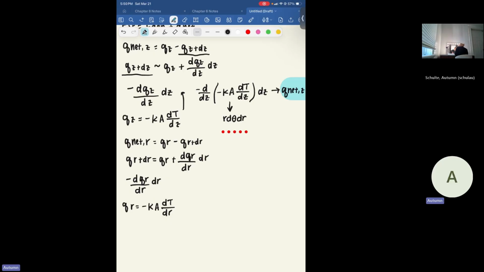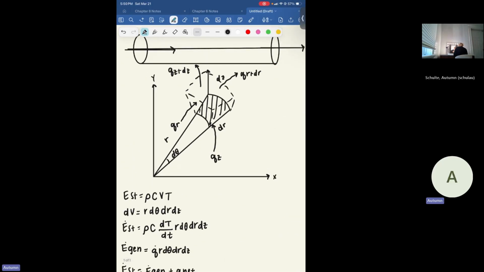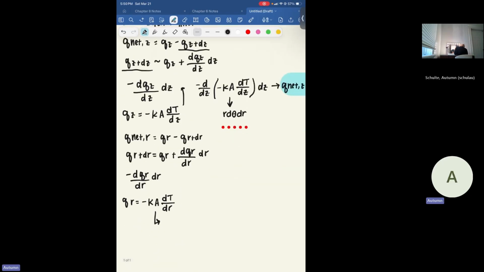Our area now is going to be r d theta, and this time multiplied by dz. So this is going to be r d theta dz.